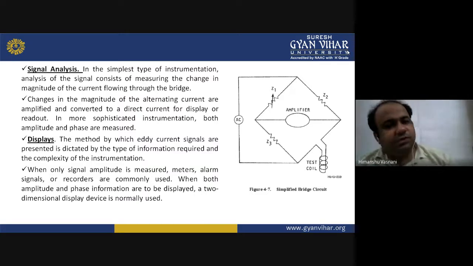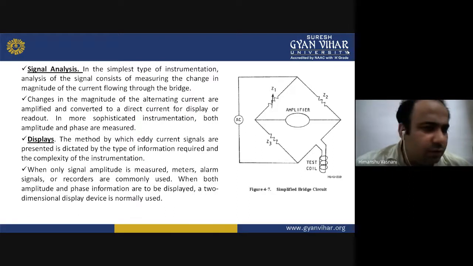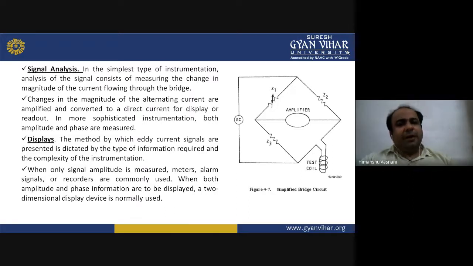In more sophisticated instrumentation, both amplitude and phase are measured.